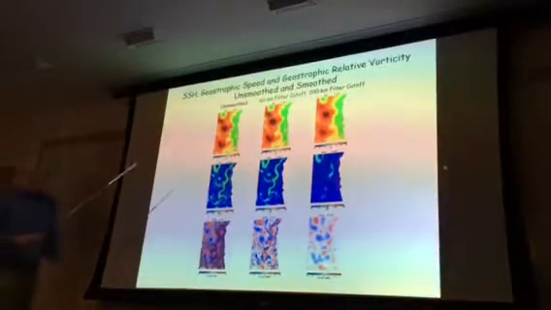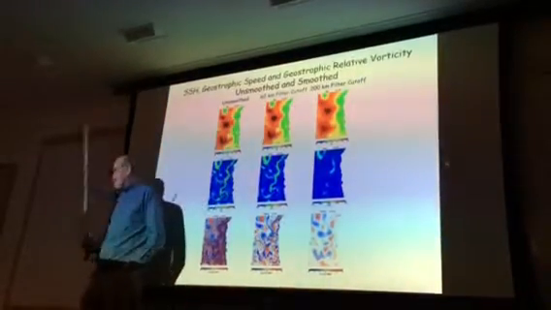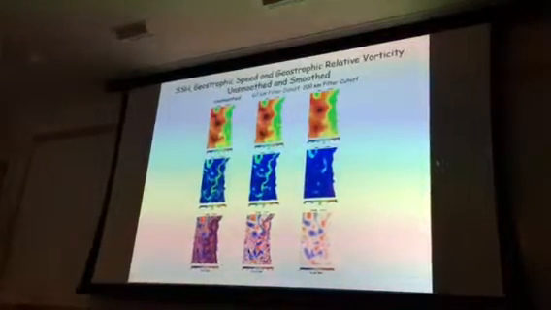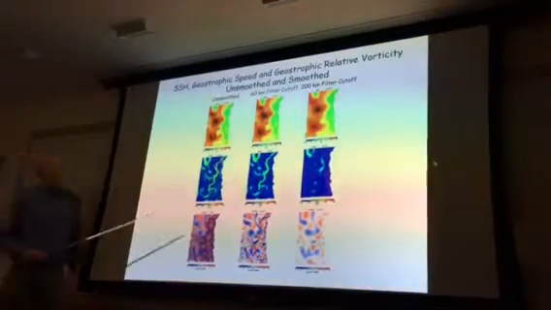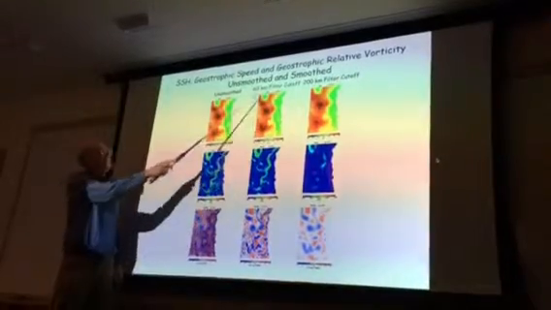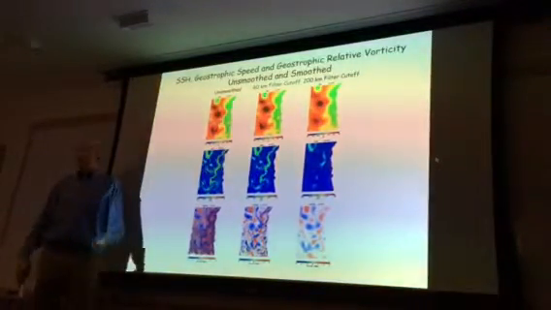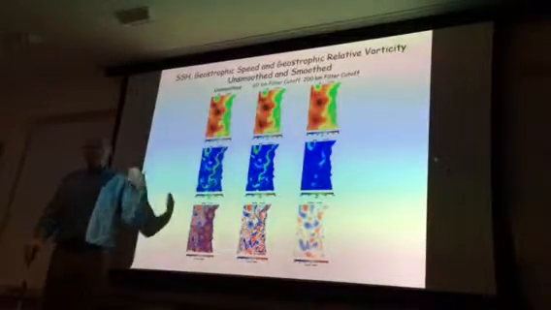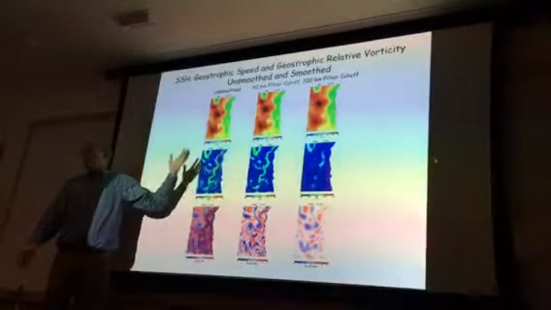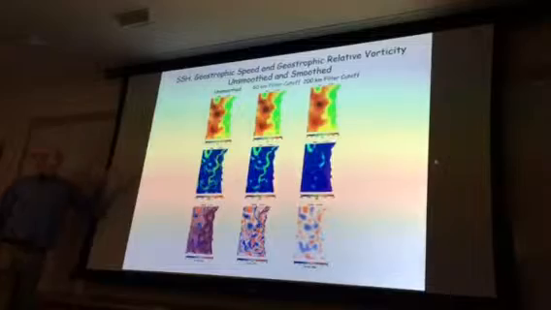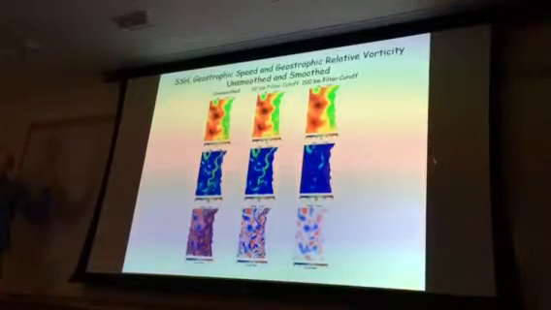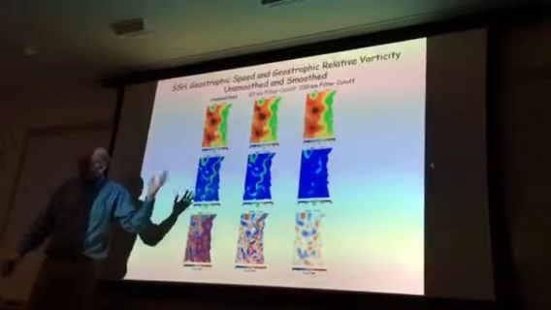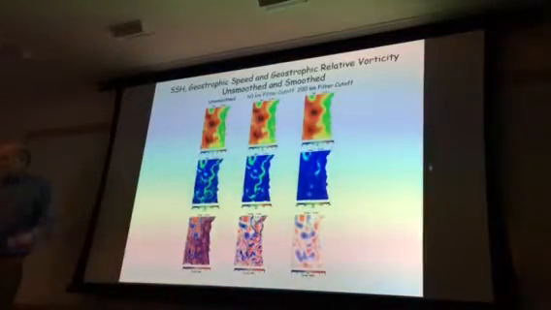Now, to come back to Bob's concern about the validity of the Stern assumption that zeta over f is small, zeta over f is pretty small when you get to these kinds of scales, 60 kilometers. It's definitely not when you get down to a scale of 10 kilometers. But at 60 kilometers, that's not a bad approximation. So I think we're kind of lucky in that sense, that there's some applicability of the Stern theory with the scales that we're capable of resolving.